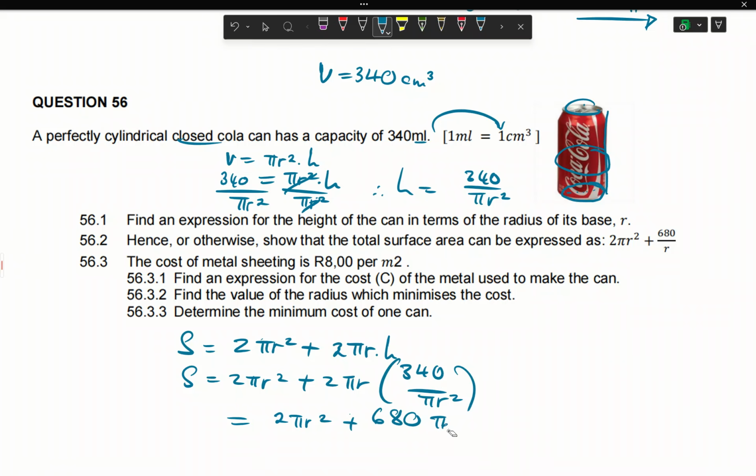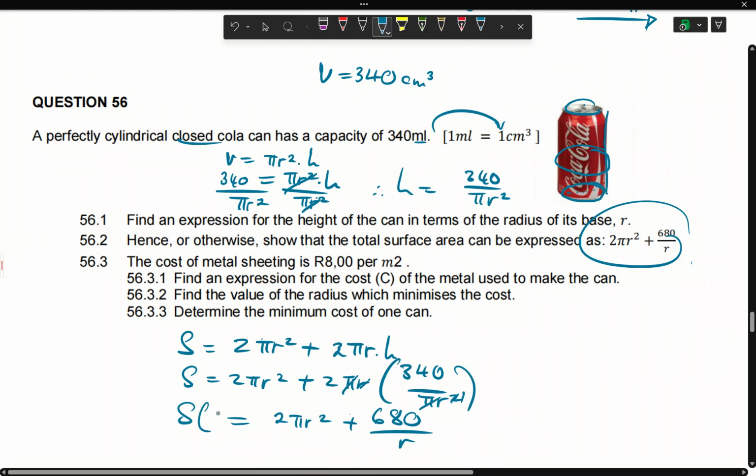Okay, let me remove this. So the pi cancels, and the r and one r here cancel. So you simply have r. Is this the same as this, guys? Voila, it is. So now I can say the surface area is a function of r. So this is your answer there, guys.